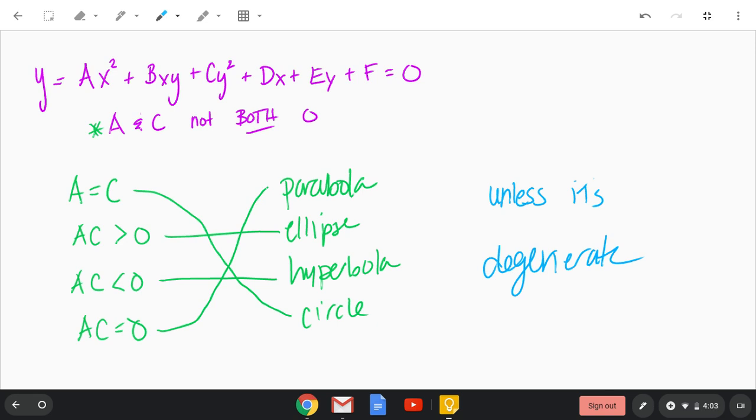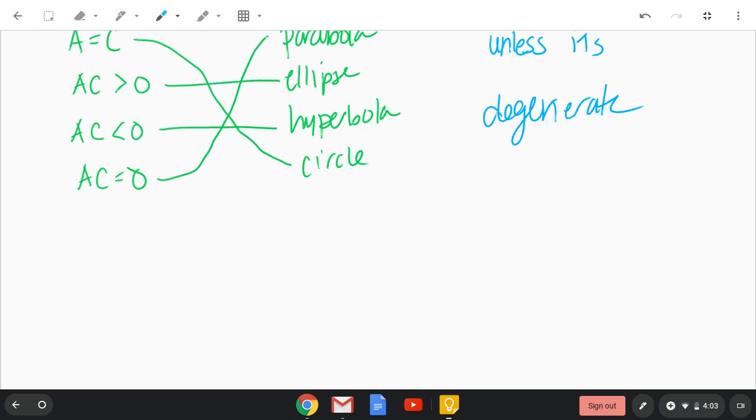So we're going to do some examples. We're going to check them with graphing, and we're going to discover some that are degenerate once we check them with graphing. The examples that we're going to do are in your PDF, your Master Math Mentor one.